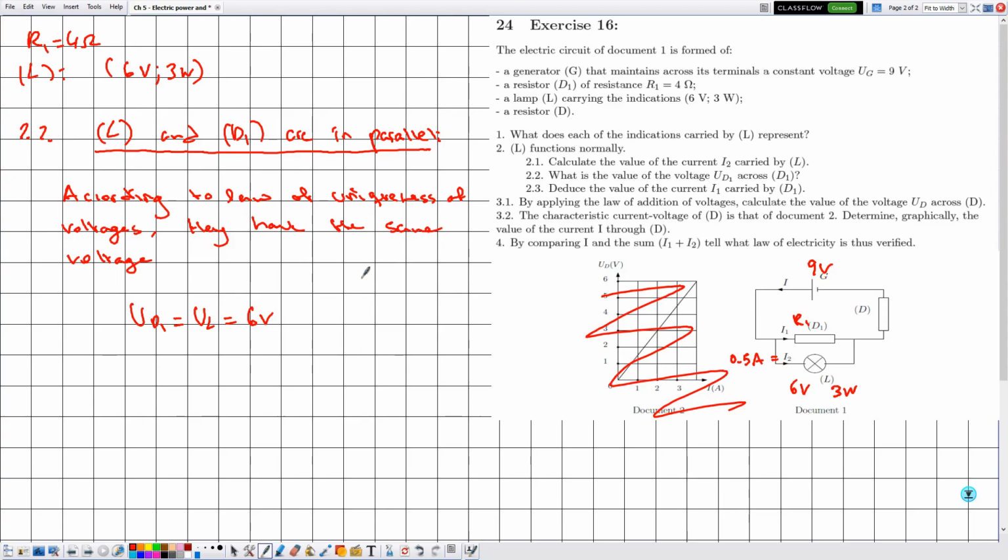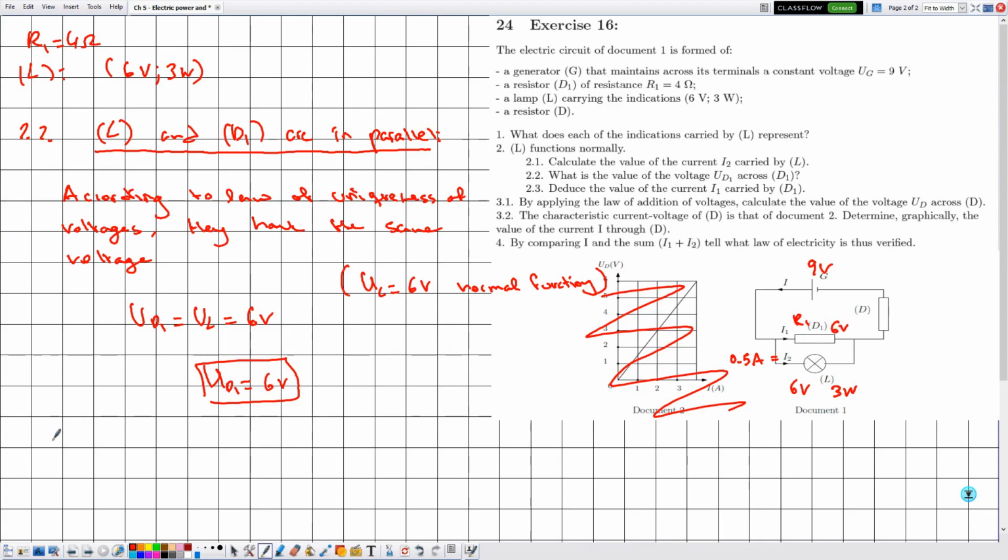Between brackets, for example, you can say that UL is equal to 6 volts, normal functioning. Okay. So UD1 is equal to 6 volts. Now after we have determined that UD1 is 6 volts, let's place it here on the figure.